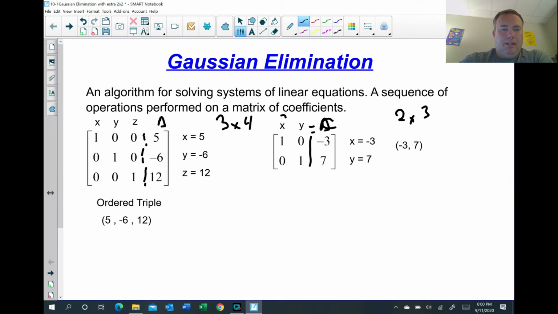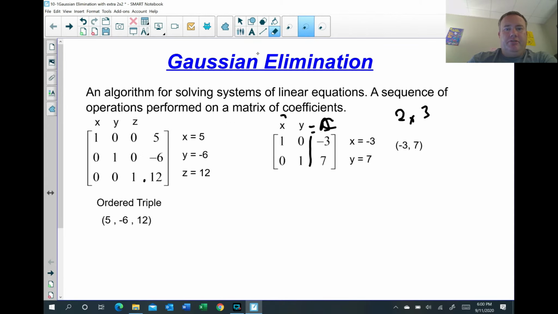Now, the whole idea of Gaussian elimination and how we look at this. I'm going to erase some of this stuff so you can see it. I know I'm going through a lot of stuff, but trust me, you're going to want me to go through this. When we look at this, anytime there's a 1, in this case, this means 1x. If there's a 2 or 3 or 4 or whatever, that means like 3x.